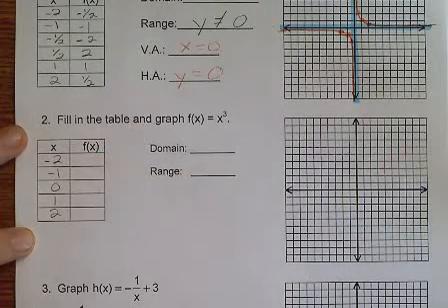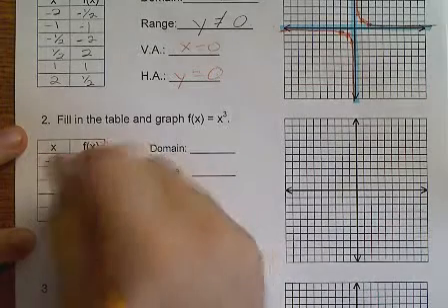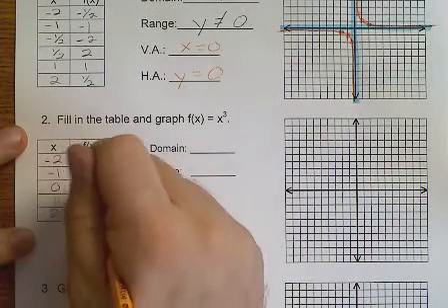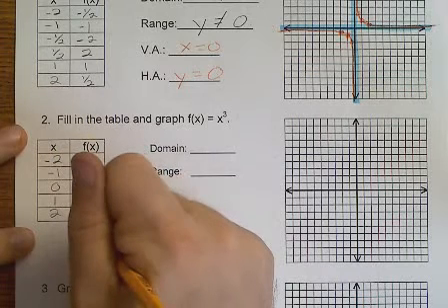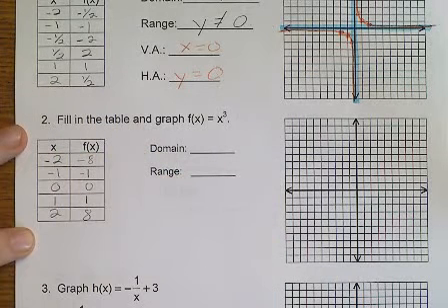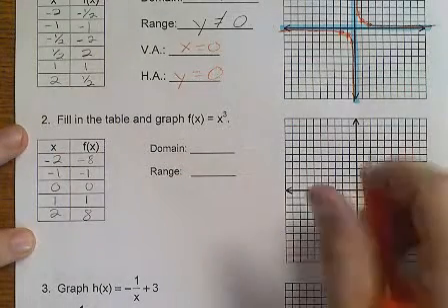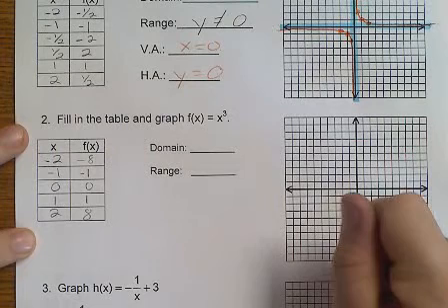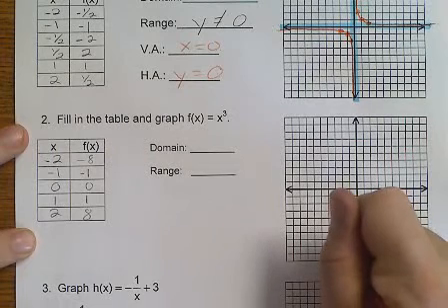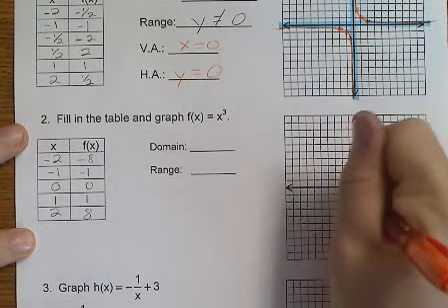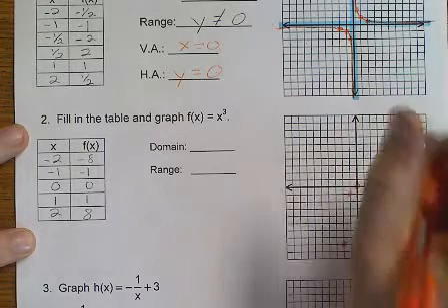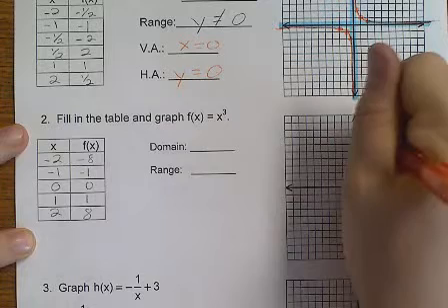My f of x values, my y values would be -8, negative 1, 0, 1, and positive 8. If I come over and I graph these, negative 2, negative 8, negative 1, negative 1, 0, 0, and 2, 8.